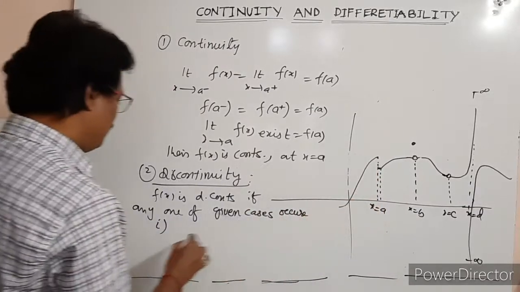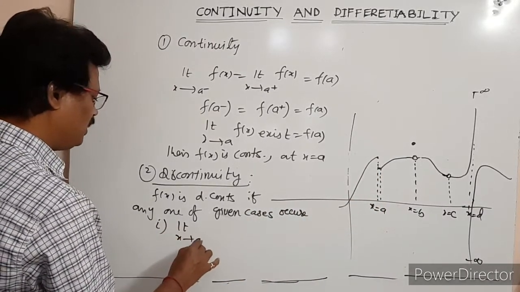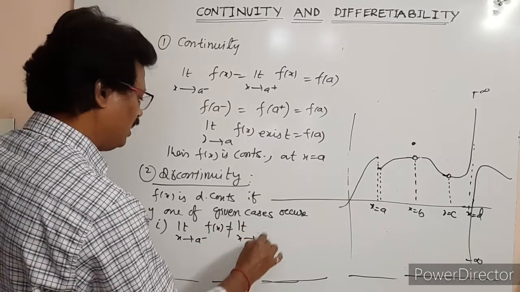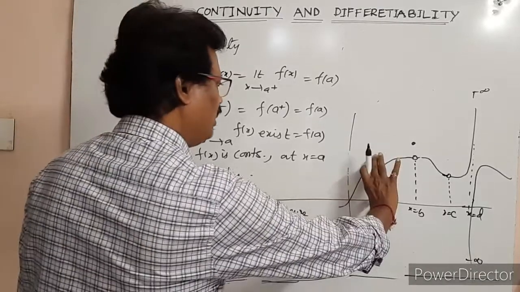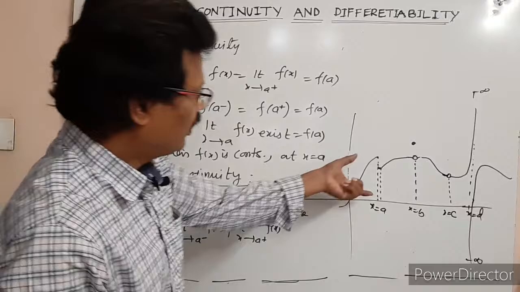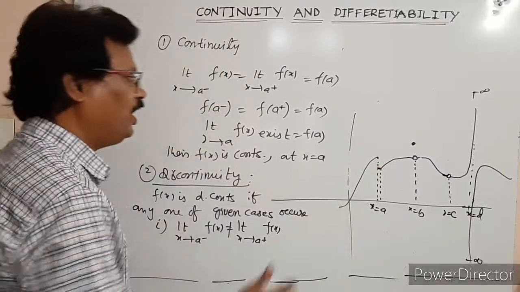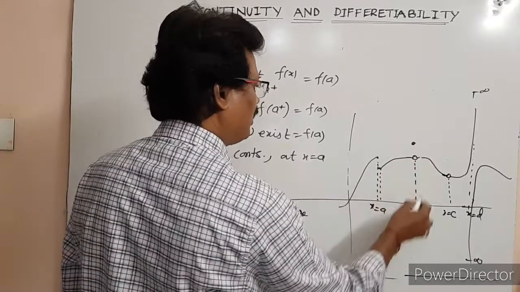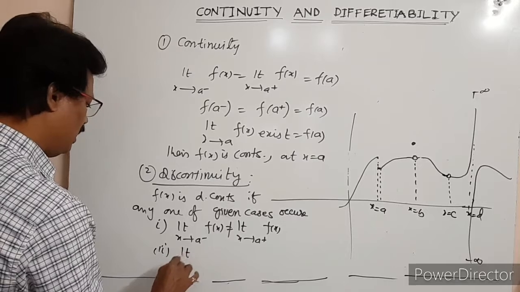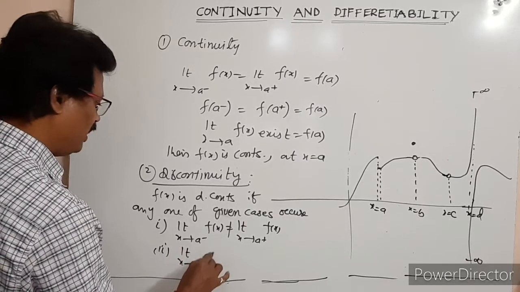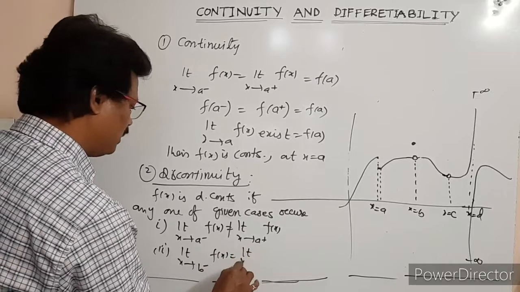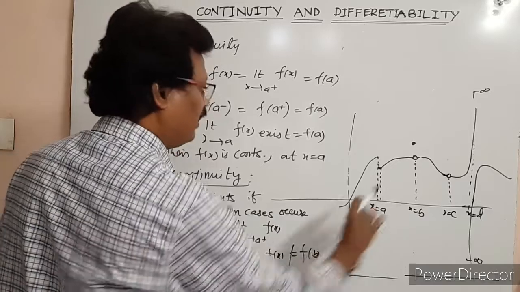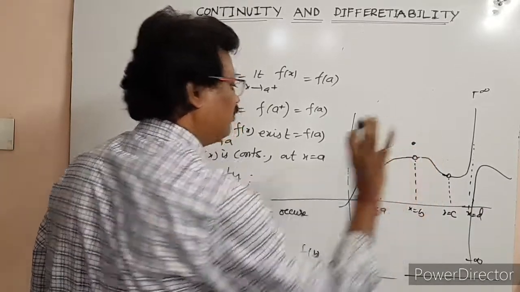Here the left limit is not equal to the right limit: the limit as x tends to a minus of f(x) is not equal to the limit as x tends to a plus of f(x). The left limit is more than the right limit. And at x equal to b, the left limit is equal to the right limit, that is, the limit as x tends to b minus of f(x) equals the limit as x tends to b plus, so the limit exists, but it is not equal to f(b). f(b) is this one, but the left limit and right limit are both equal.